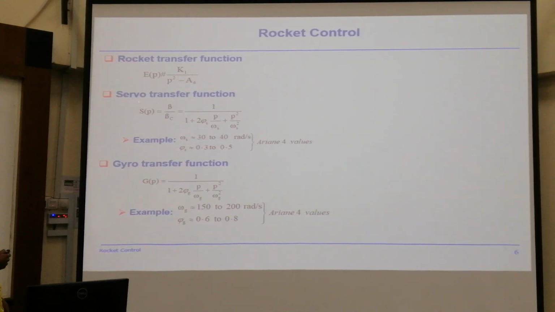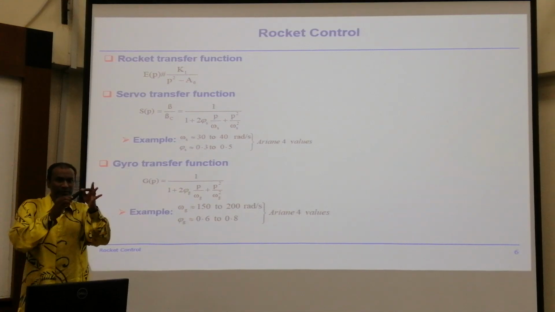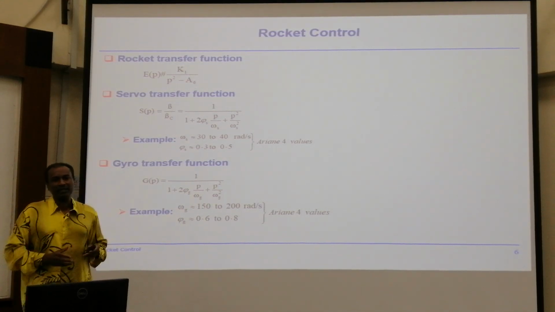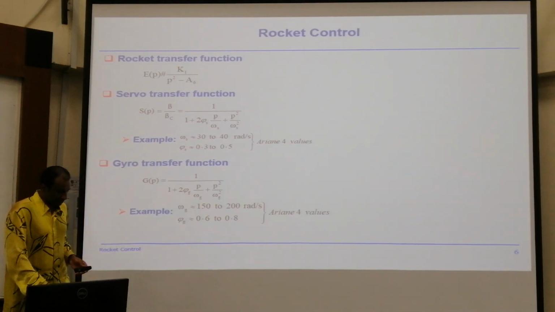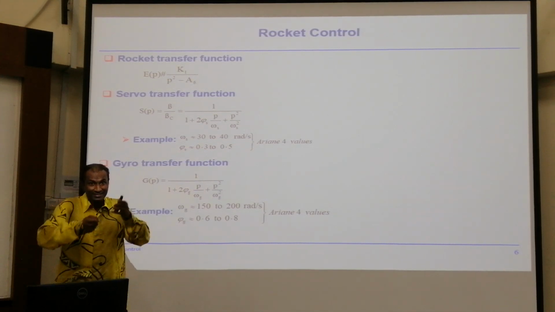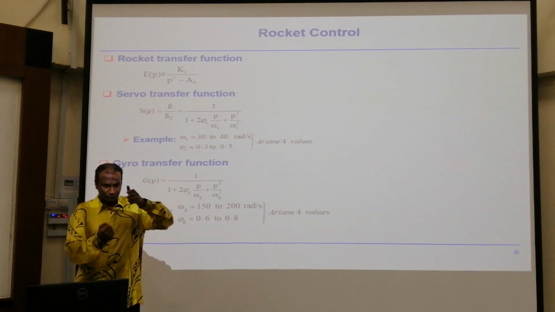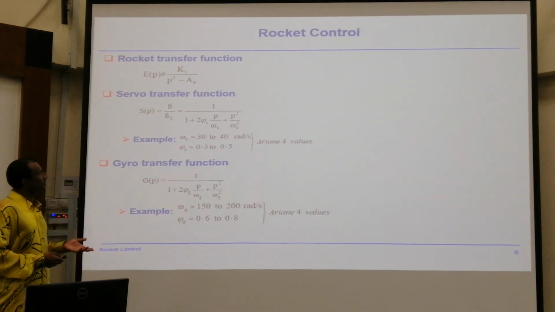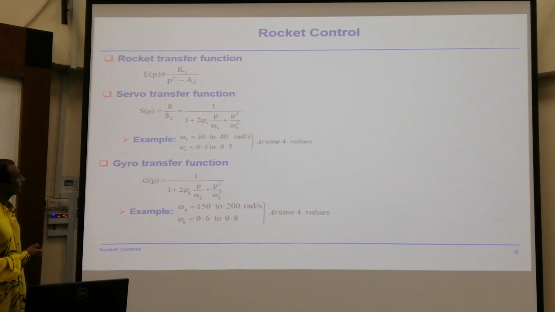Now, in order for us to move or articulate, you need a servo, right? In the actual rocket, we use hydraulics basically to move, but it's a servo. So if you look at the actual servo that you have, this is the desired beta that you want to move, and this is the control beta that you control.